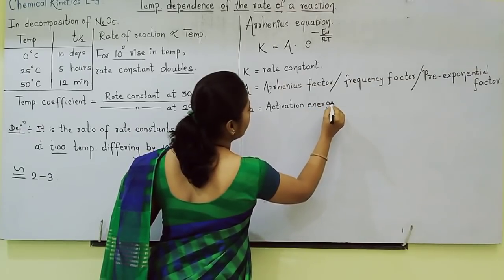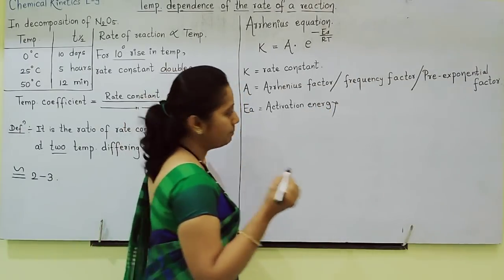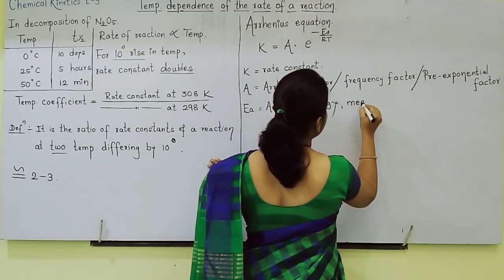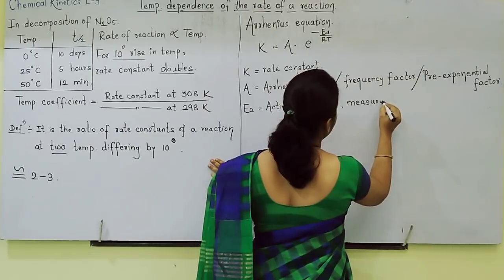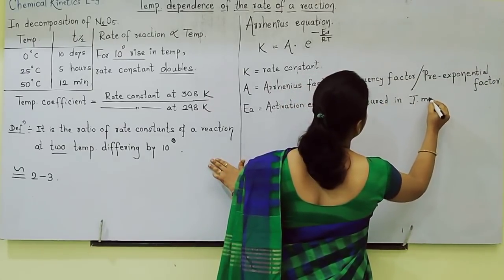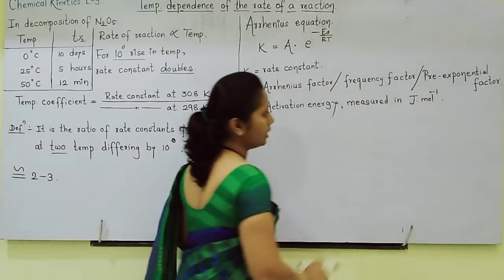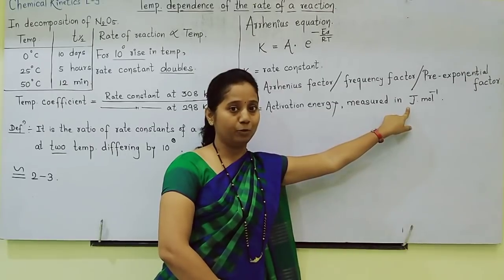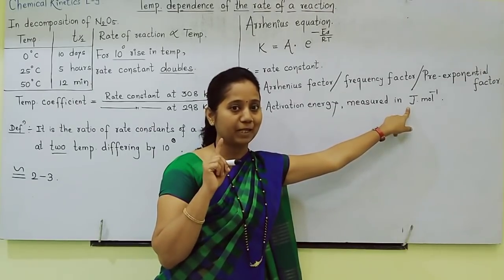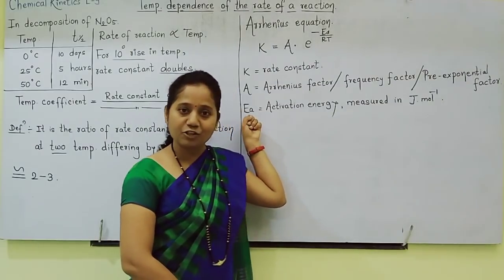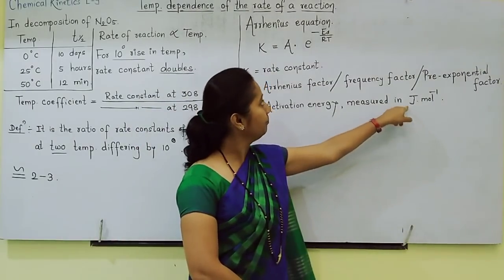And this activation energy is measured in joule per mole. Activation energy here is compulsorily measured in joule per mole. When we are going to solve problems, at that time you should understand that the unit of activation energy you should write is joule per mole.